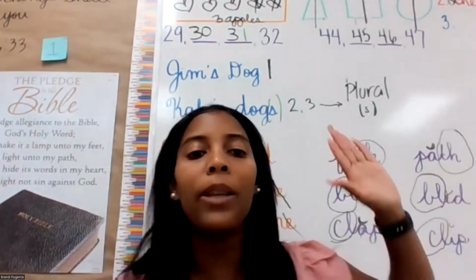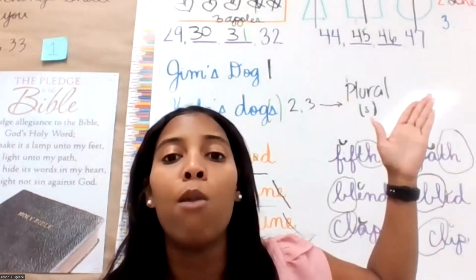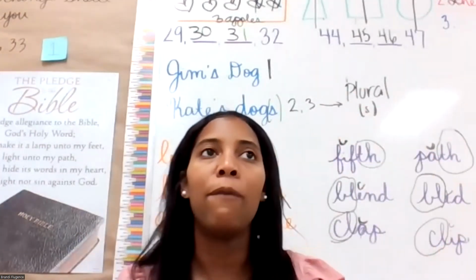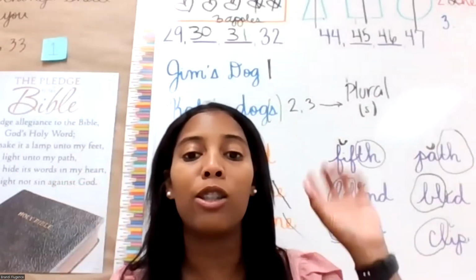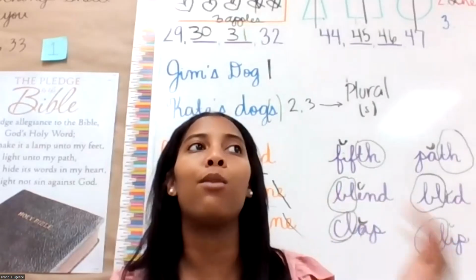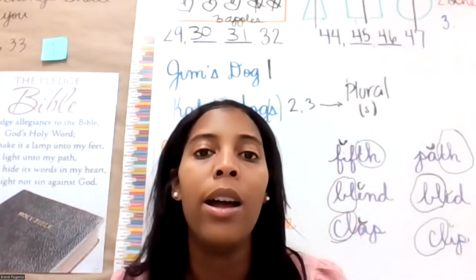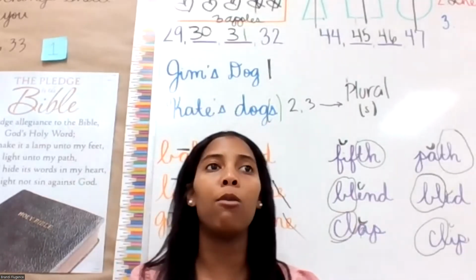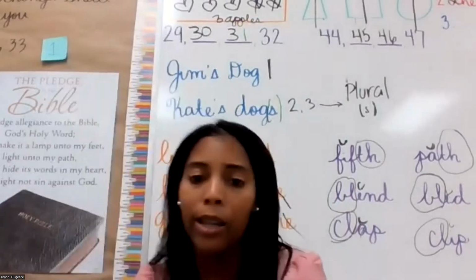So when we make something a plural, we add an S to the end of it to show that it's more than 1. If I would say toy, that's 1 toy, but when I say toys, that's more than 1 toy. That could be 2, 3, 4. It's just more than 1. That's how you make a word plural. Next year in 2nd grade, you'll talk about plural and singular nouns.